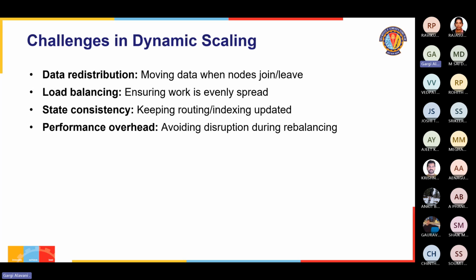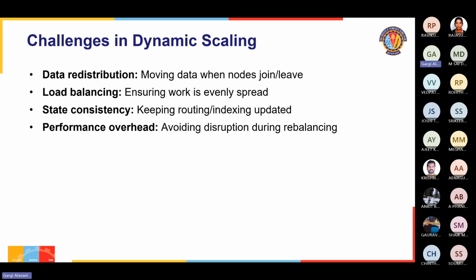While scale out is powerful, there are challenges, some of which Yuvraj mentioned. Data redistribution has to be handled carefully to avoid any bottlenecks. Load balancing has to be ensured so that no node is overloaded while others are idle. State consistency: it is crucial that every node knows the current topology. And finally, we must minimize the performance overhead.